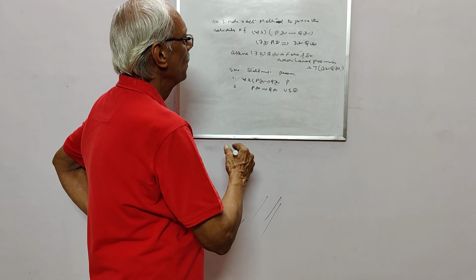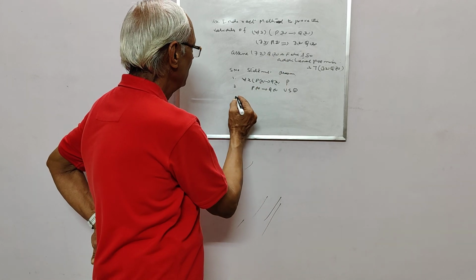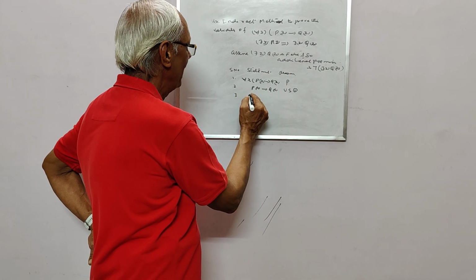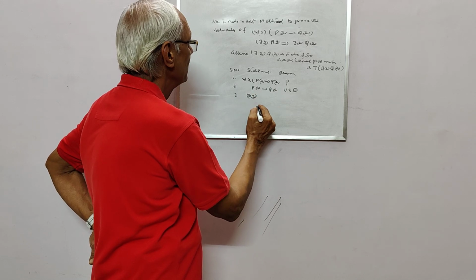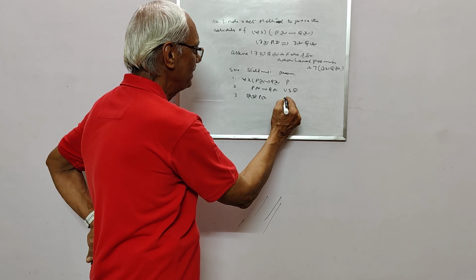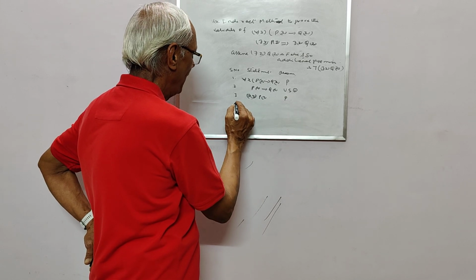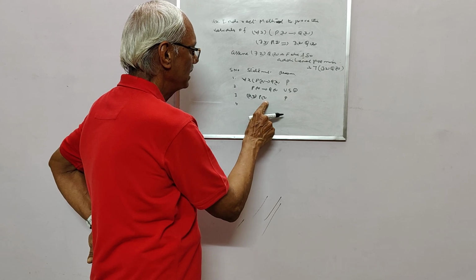Then what is the next one that you will write? The third one is there exists y, P of y. This is given to you. And the fourth one is you do the specification.